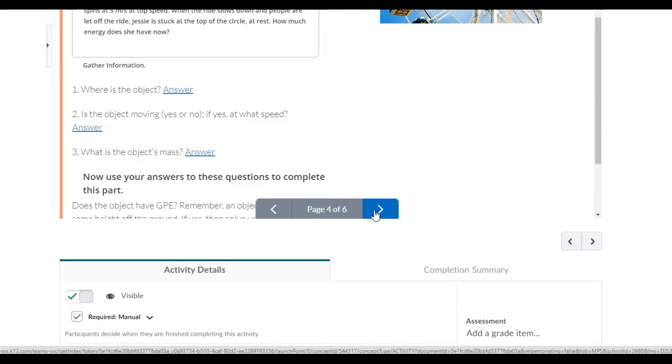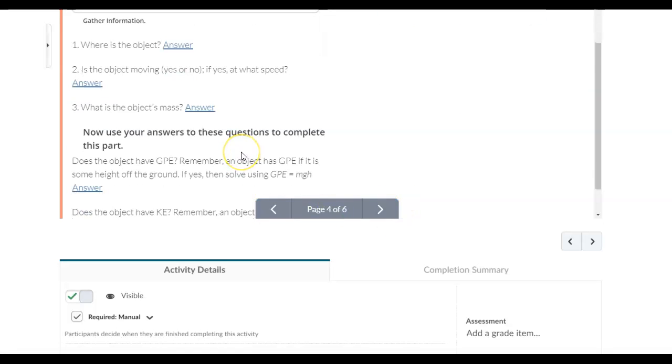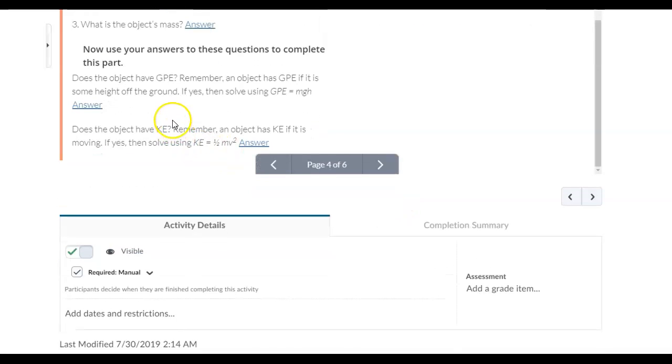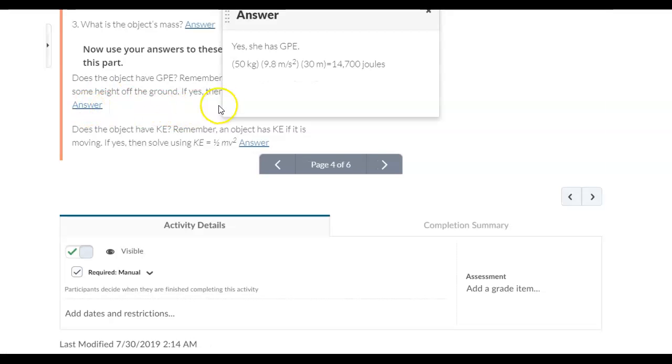So let me see if it'll go to the next part here. All right, so looking at that, we would plug in the numbers here. Again, we've gotten this before, 700 joules. So we know that's the GPE. It's the same as it was before.